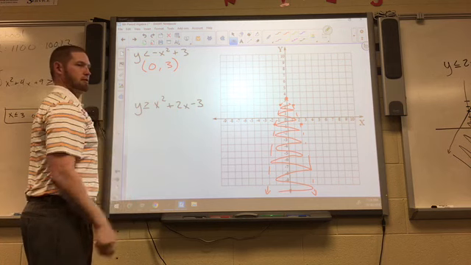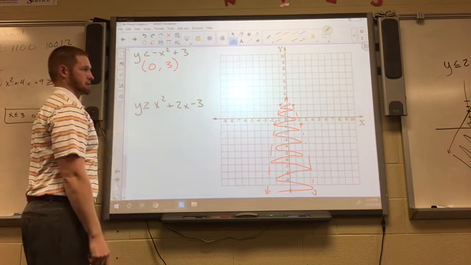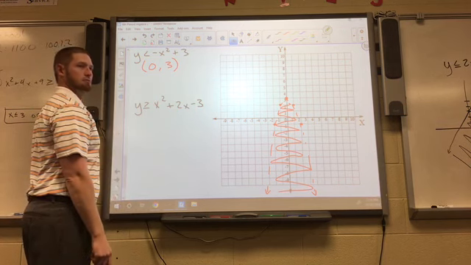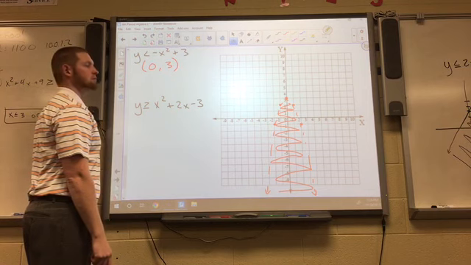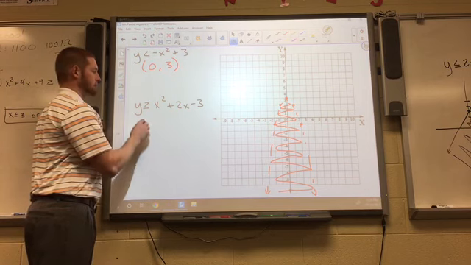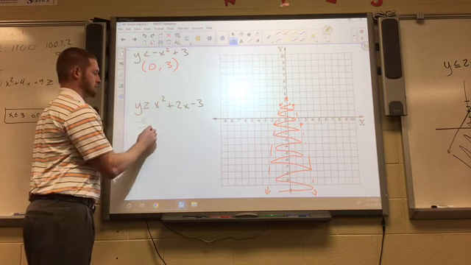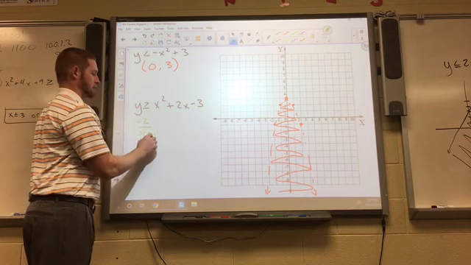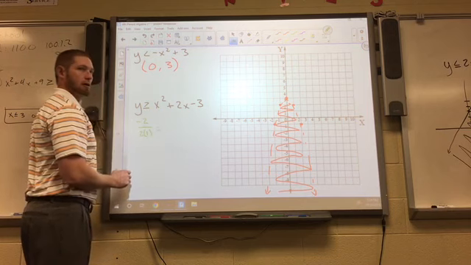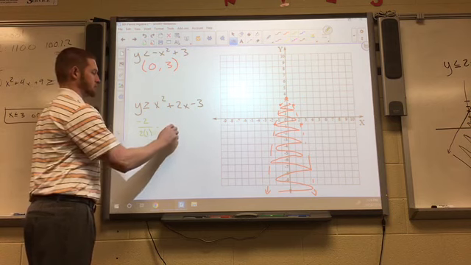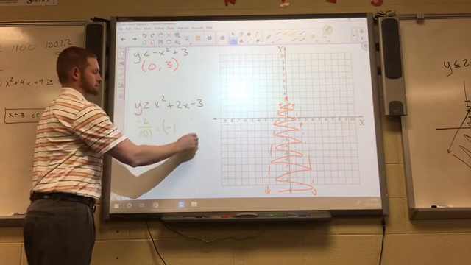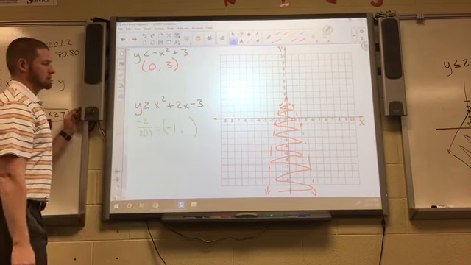On this one, what should I do? What's the x value of the vertex? It's negative 1. Okay.